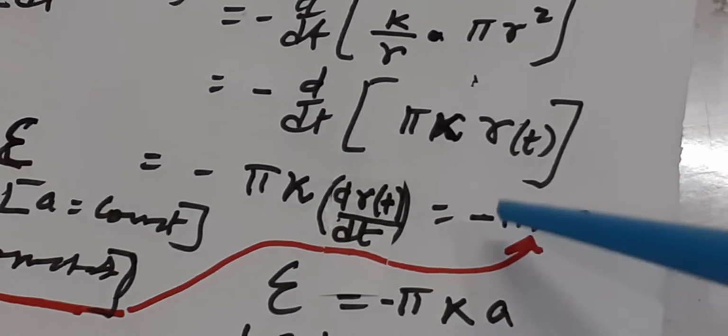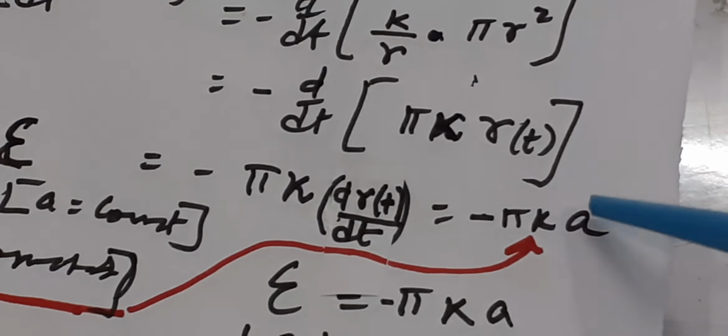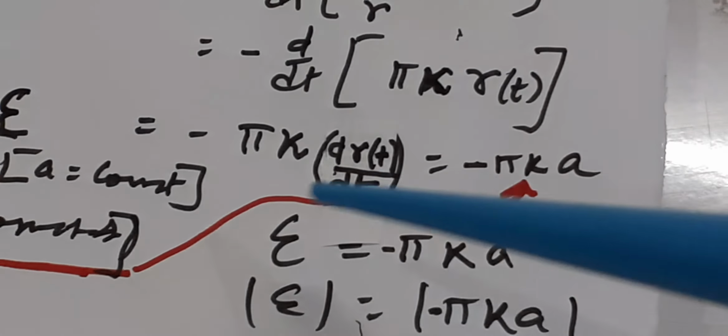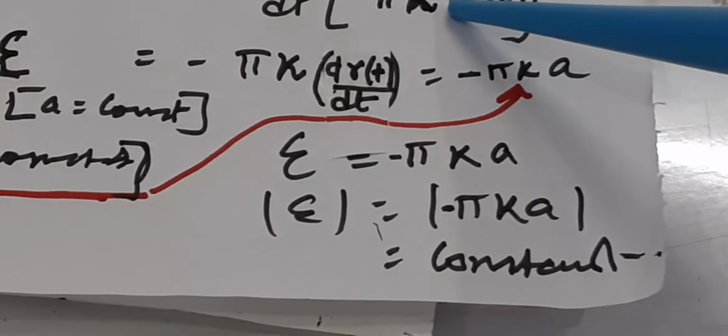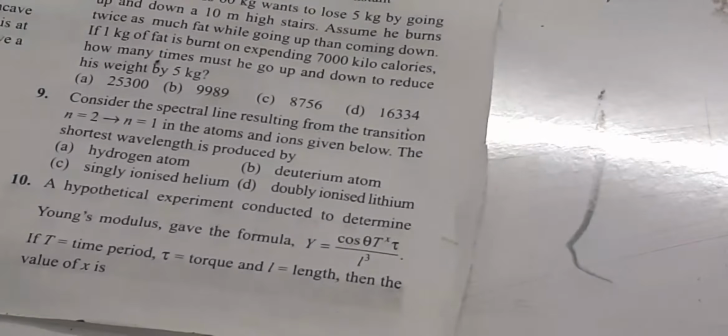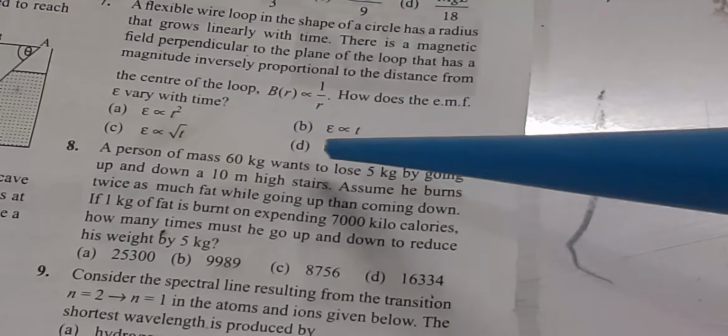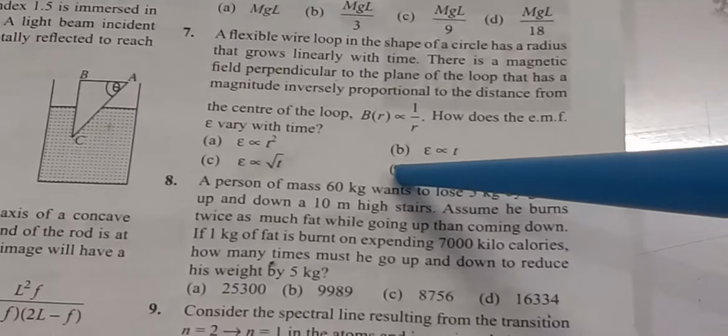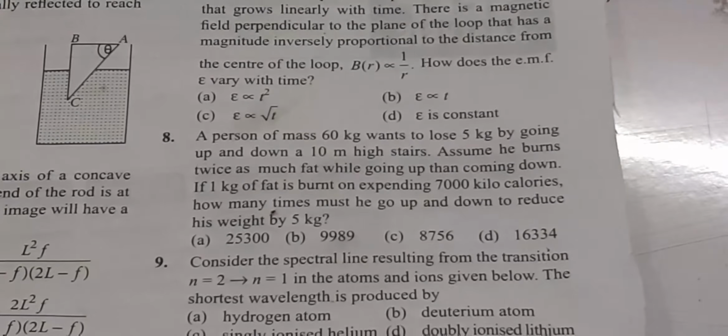That means pi is constant, k is also constant, a is also constant. So EMF will be generated in a constant amount. Taking the modulus value, a constant EMF will be generated in this case. So our answer will be D, EMF is constant. That will be the answer for this particular question.